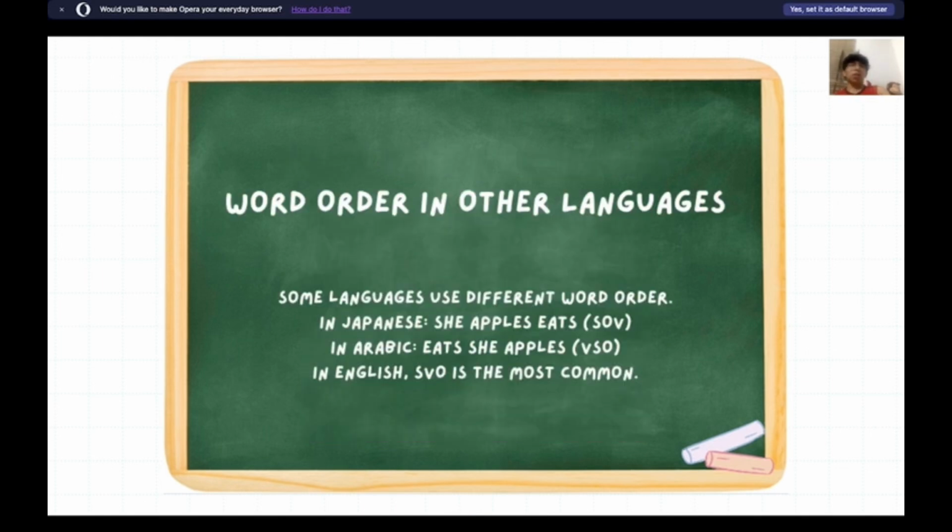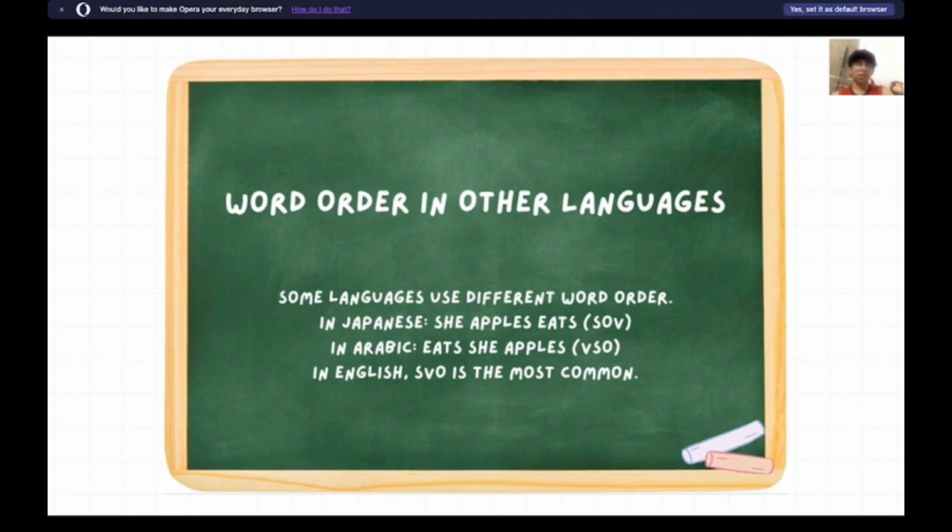And in other languages, like in Spanish or in Arabic, the order changes in some crazy situations, because they say she apples eats, and it's so strange. Or in Arabic, eats she apples.